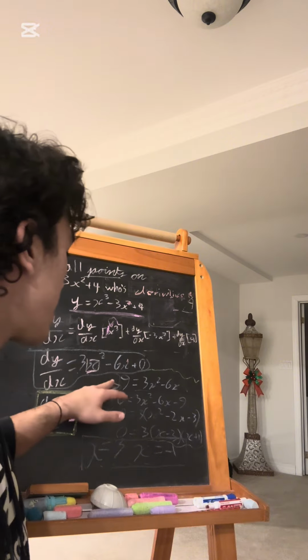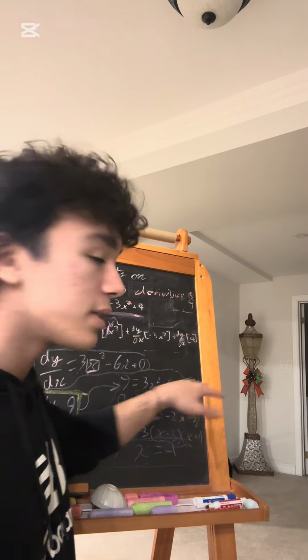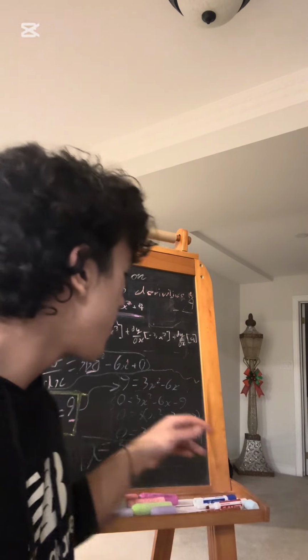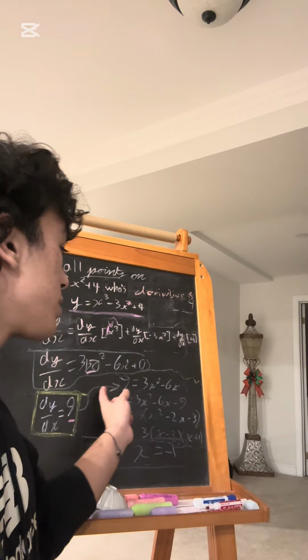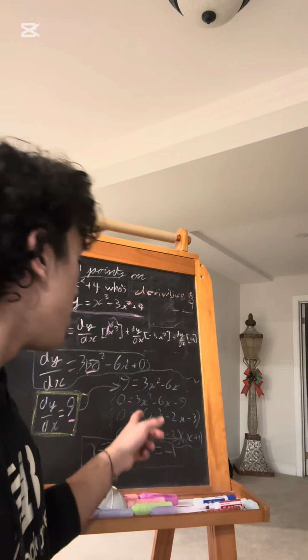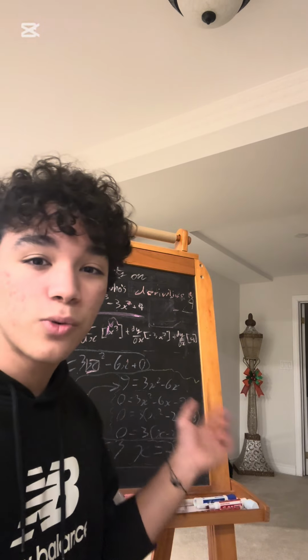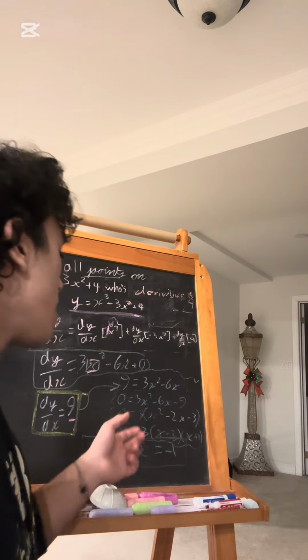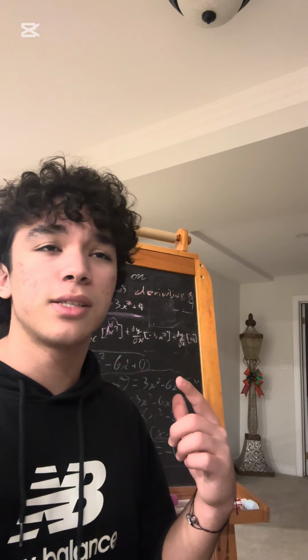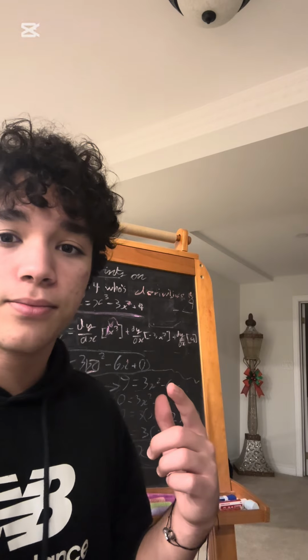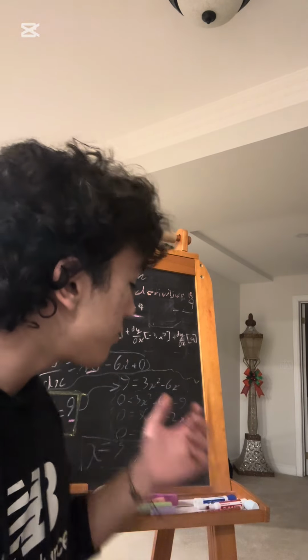When we do that, we get 9 equals 3x squared minus 6x. Then using basic algebra, bring the 9 to the other side, minus 9. Factor out the 3: 3 times x squared minus 2x minus 3. Then common factor: what multiplies to negative 3 and adds to negative 2? Negative 3 and positive 1.